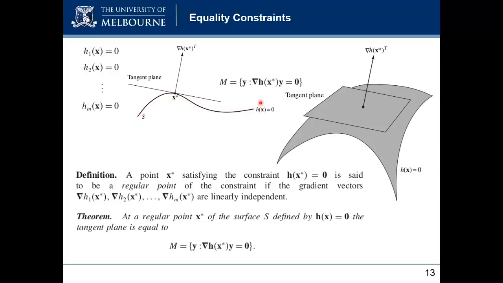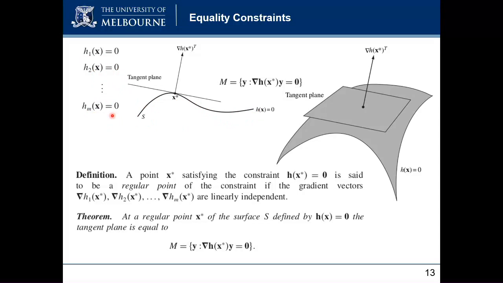Your optimal point needs to be somewhere on this line, or curve. I'm sorry, it's a curve, not a line. Now, in n-dimensional space, you can imagine this constraint set is defined by multiple equalities. Okay, are you with me?